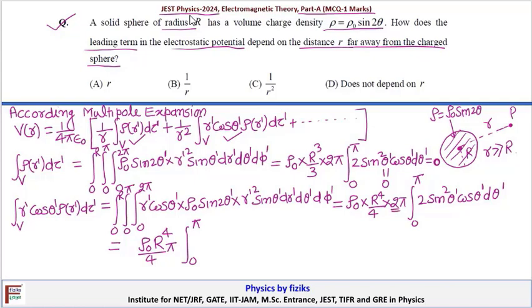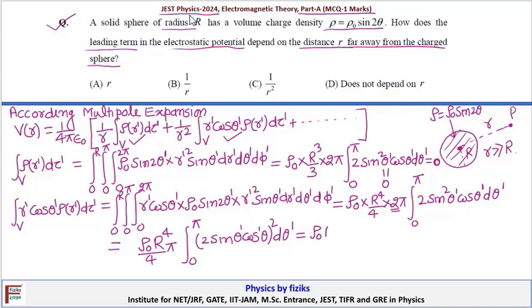Now this 2 we can multiply here, and let's write it as 4 times 2 sine theta dash cos theta dash whole square d theta dash. If you expand, that will give you 4 times sine square theta dash cos square theta dash.